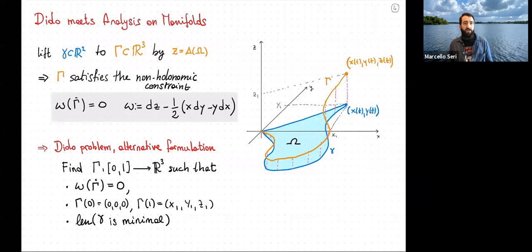And so the full Dido problem can be rewritten by saying, I want to lift my curve gamma into a curve in the three-dimensional space that keeps track of the area, and that satisfies this non-holonomic constraint. It lives in the kernel of a special one form. And the problem becomes, find this curve in the three-dimensional space that satisfies the constraint, that gives me the area that I want.